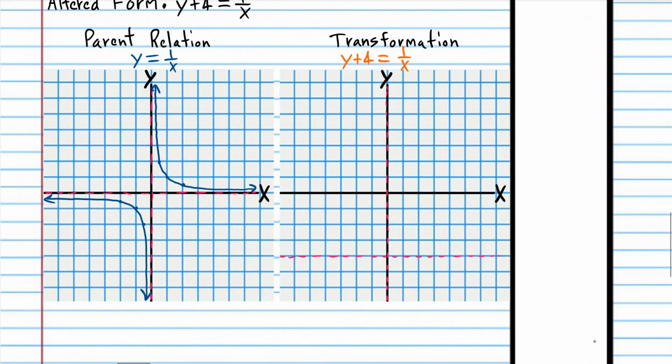And our reference points just move down. So if we're pretending that this is the origin, we have the same reference points: 1, 1, 2, 1/2, 1/2, 2, -1, -1, -2, -1/2, and -1/2, -2. Connect the dots.